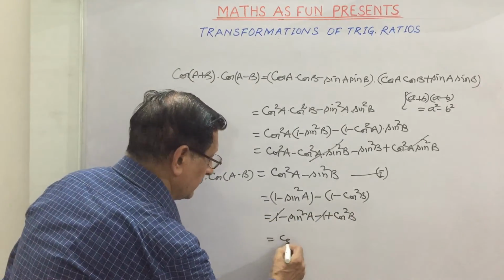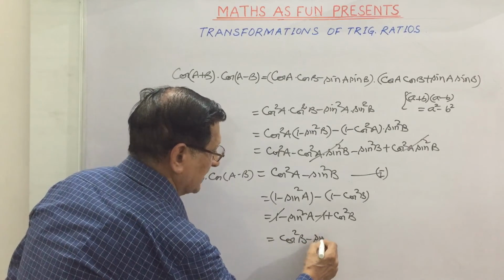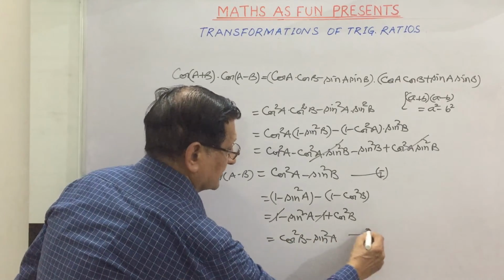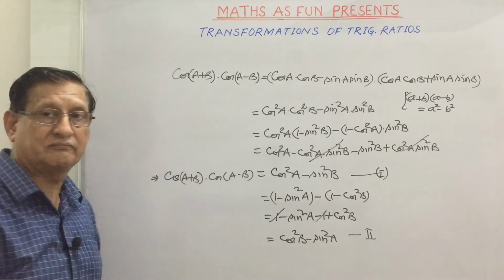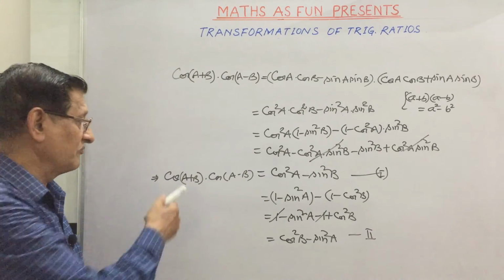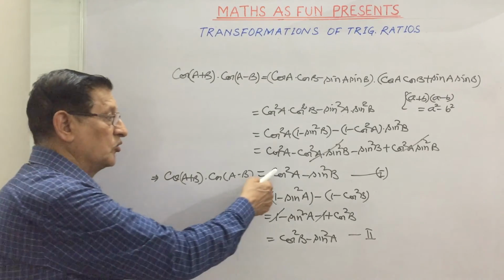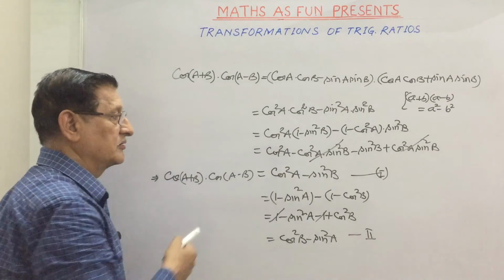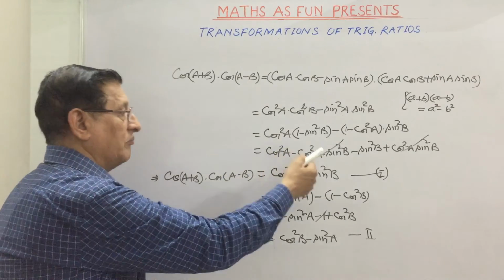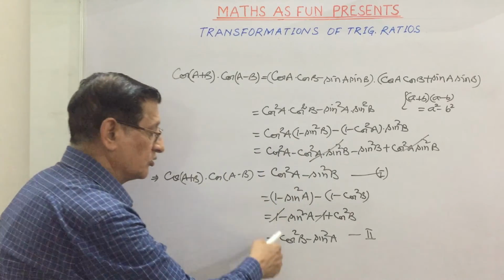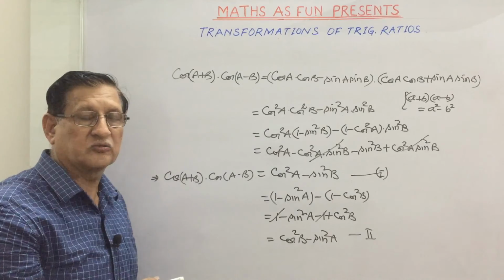So we get here cos square B minus sine square A. This is the second formula for the product of them. It means when we multiply cos (A plus B) and cos (A minus B), we are getting cos first and sine second term. Cos square A minus sine square B or cos square B minus sine square A.